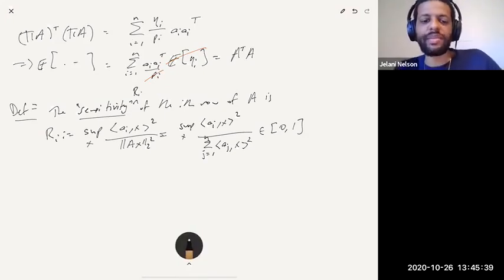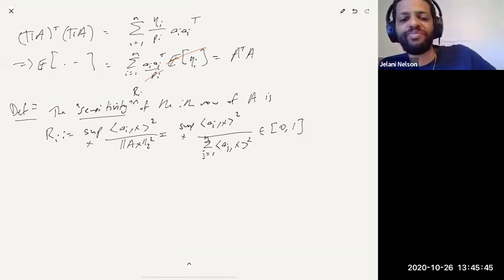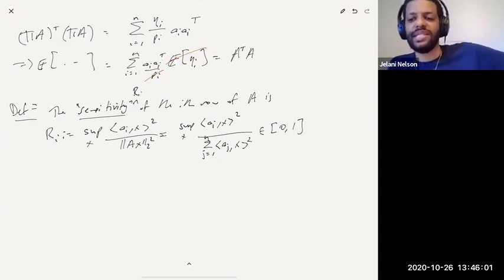Now, let's try to build some intuition from this definition for what the pi should be. Now, I think it would be kind of weird for some pi's to be 0, because that means I'm just ignoring part of the matrix. If I'm trying to preserve the quadratic form of the matrix, I probably shouldn't ignore any part of it. So I probably shouldn't be setting any pi's to 0.